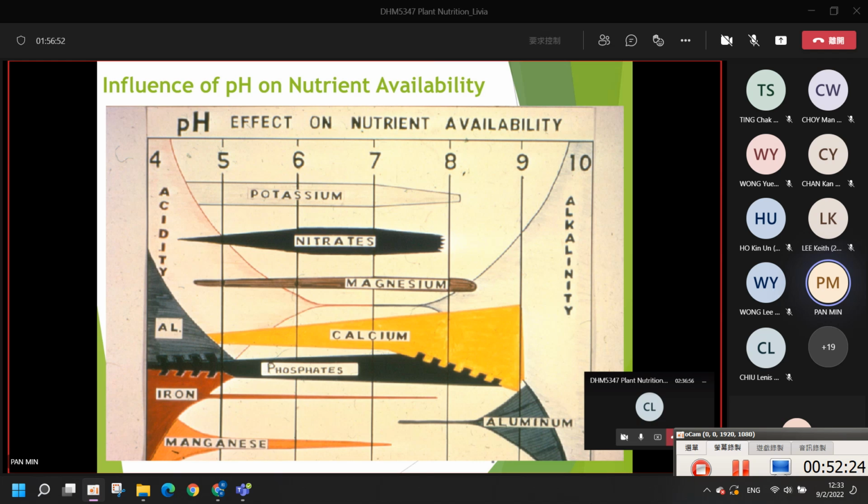The best soil pH is pH 5 to pH 7. Keeping it neutral can keep most of the essential nutrients available in the soil.